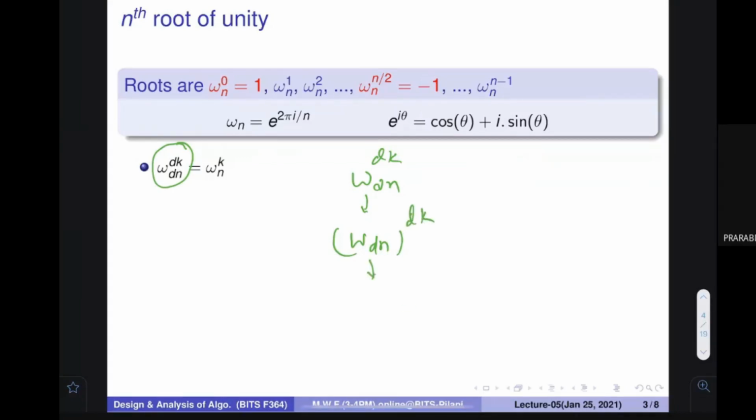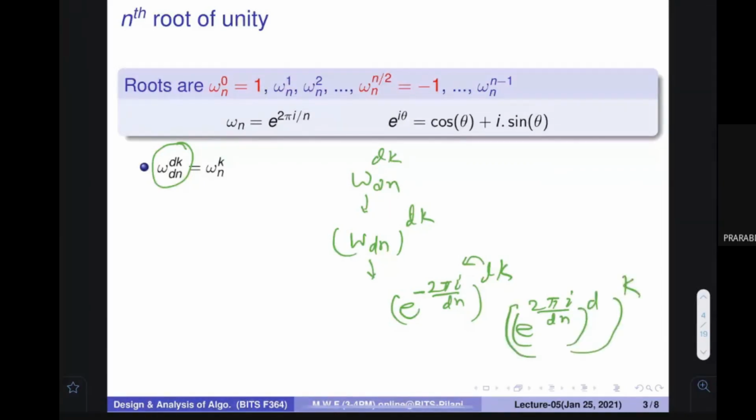I can take the d inside: e to the power 2πi/dn, to the power dk. Since there is d and d, they get cancelled, and you can write e to the power 2πi/n, to the power k.